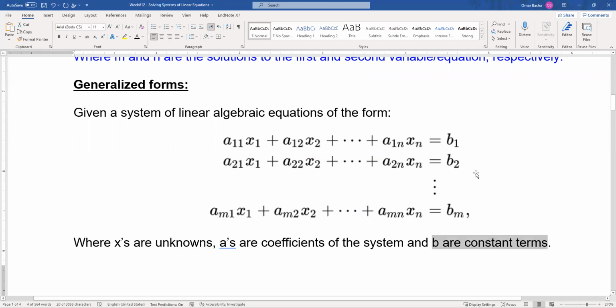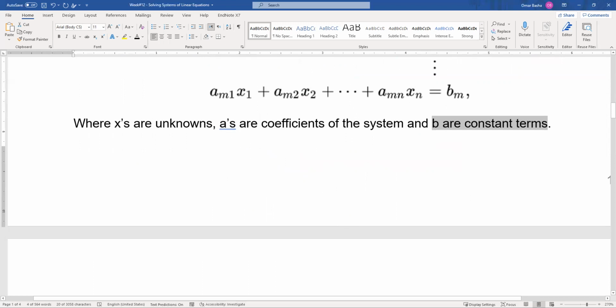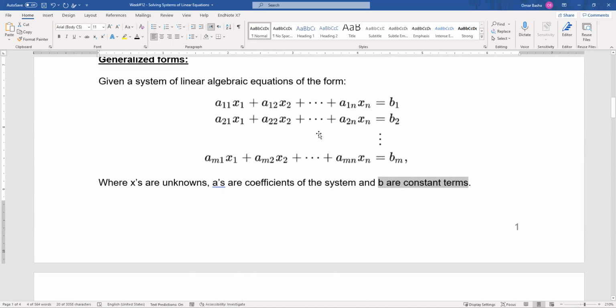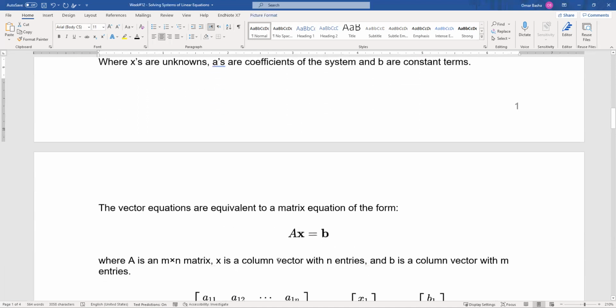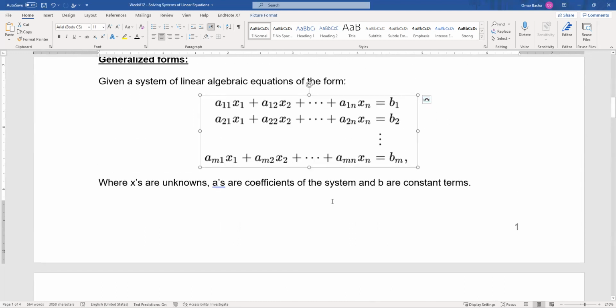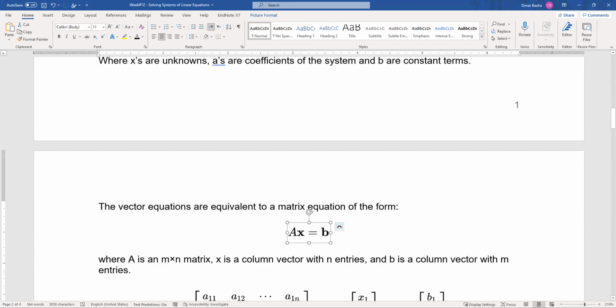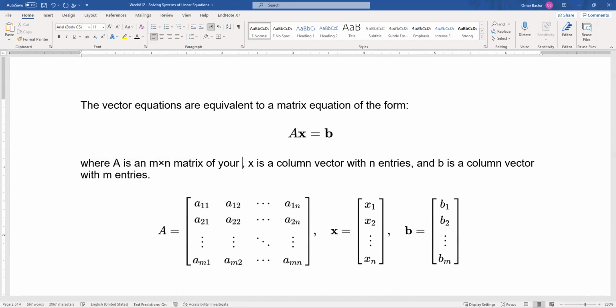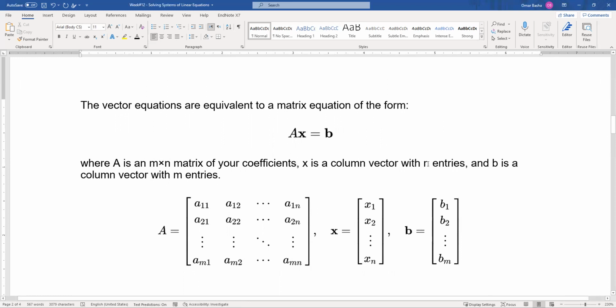So this system of linear algebraic equations is equivalent to a matrix equation of this form, Ax equals b, where A is the m by n matrix of your coefficients. x is a column vector with n entries, and this represents your variables.